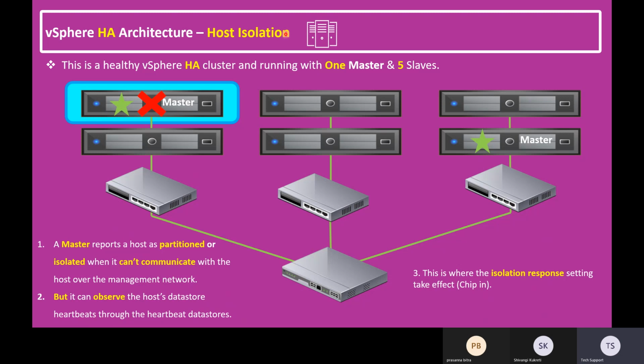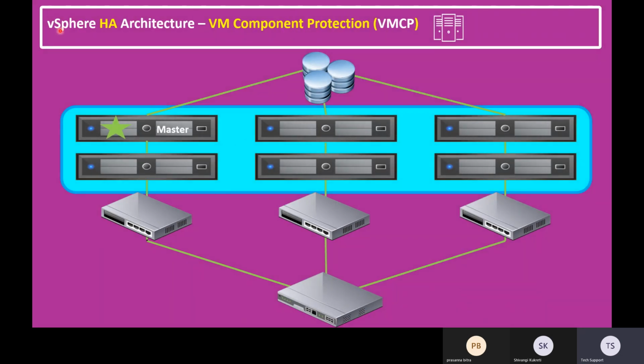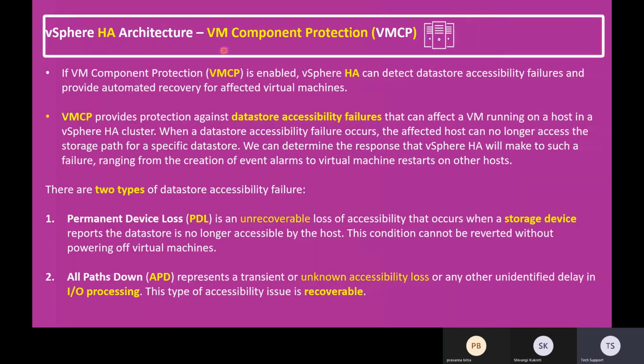Now we'll talk about virtual machine component protection. Okay, if you see the vSphere HA architecture, we have virtual machine component protection. So virtual machine component protection is mainly for the datastore layer. So any of the datastore paths going down, or any of the devices going down, in that scenario it will create mainly two types of accessibility failures.